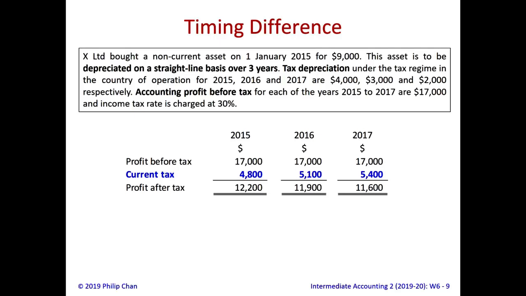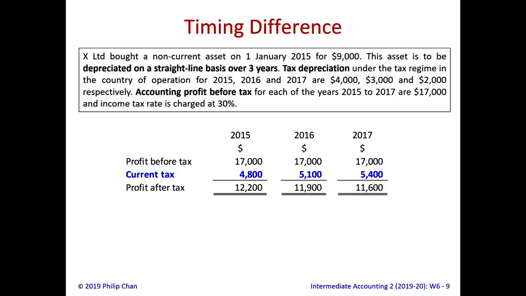So PAT is different from PBT, and PAT is not the same in the 3 years, even though they have the same profit before tax of 17,000 over the 3 years. Well, what would you think if you are a user of the financial statements?